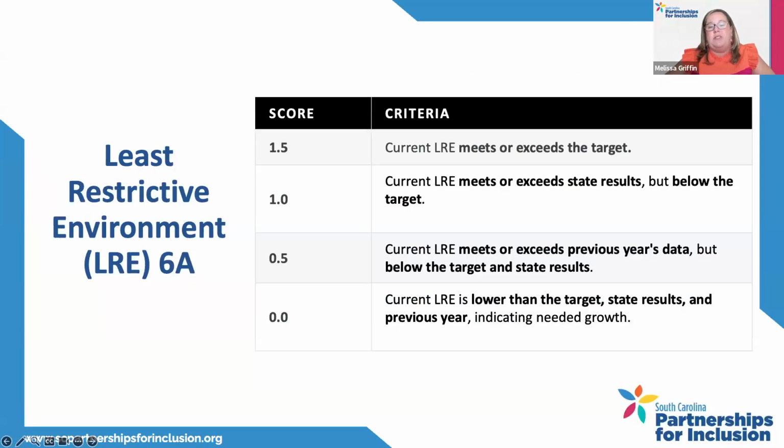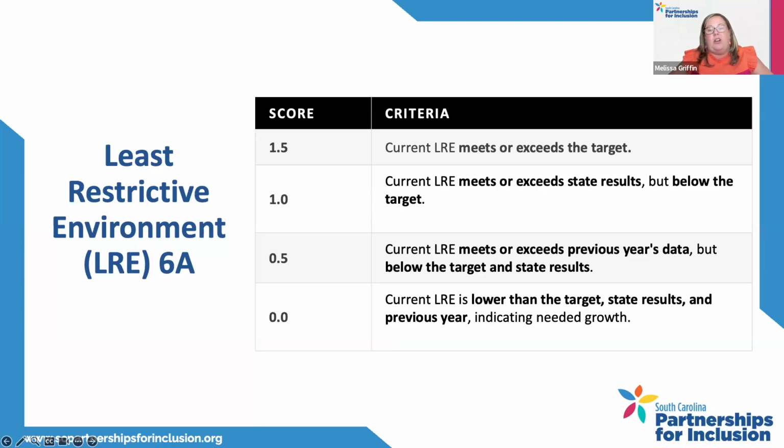So for least restrictive environment, you can see that there's scores here that go up to 1.5, and that's because the performance factor is split between least restrictive environment 6A and child outcome summary 7.